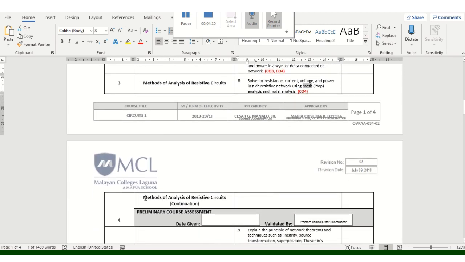That will extend up to the fourth week, and the fourth week will culminate with a preliminary course assessment to test our knowledge of the covered topics.